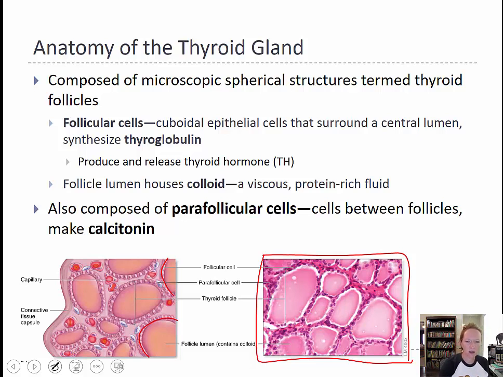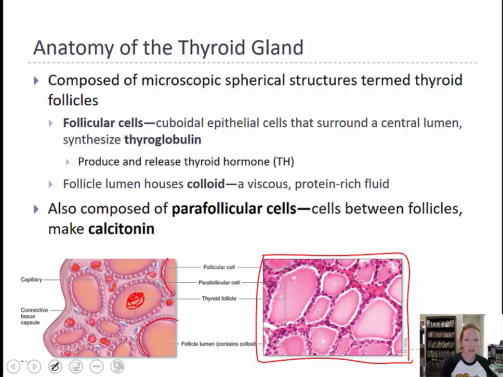And right in the middle of all of them is going to be the colloid. So all of this right in here is going to be the colloid. It's a viscous fluid, so it's not going to be a solid right in there. It's going to be a nice viscous fluid, and it's going to be protein rich, because we're going to be talking about how the thyroid hormone is going to be made here in a little bit.